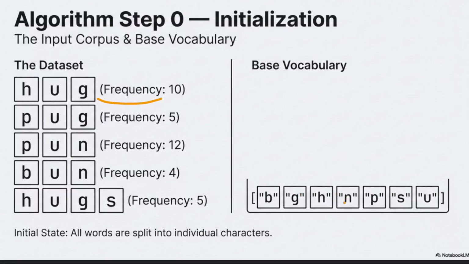Our base vocabulary right now is just the list of unique letters in the dataset. So these are the unique letters. Nothing has been merged yet. We're just setting up the dataset.